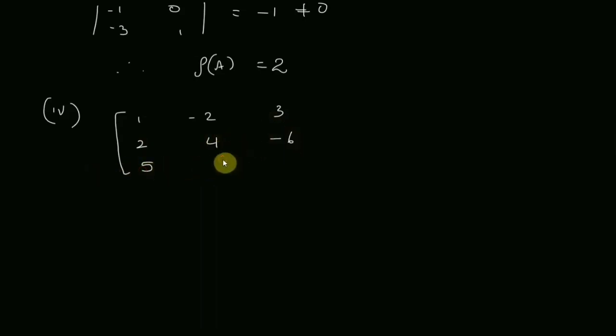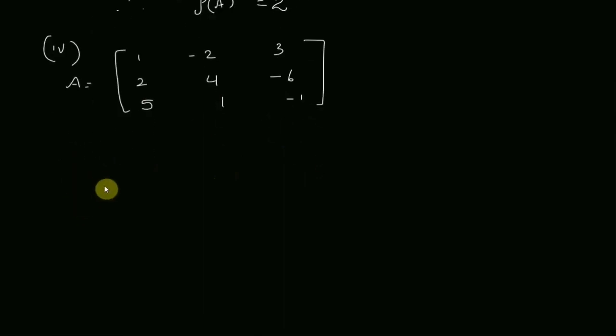Matrix A: 1 minus 2 3, 2 4 minus 6, 5 1 minus 1. What is the order of this matrix? It's a 3 by 3 matrix. So the order of this matrix is 3 by 3. That means rank of A is less than or equal to the minimum of 3 and 3, isn't it?